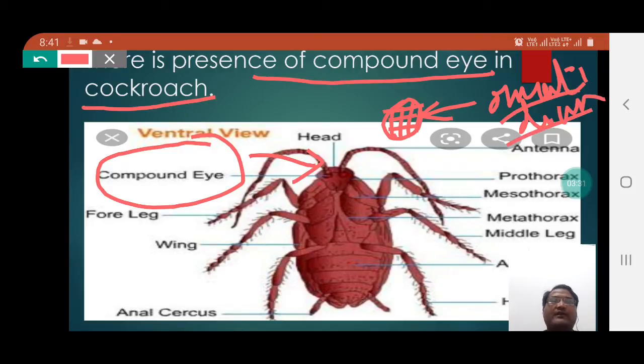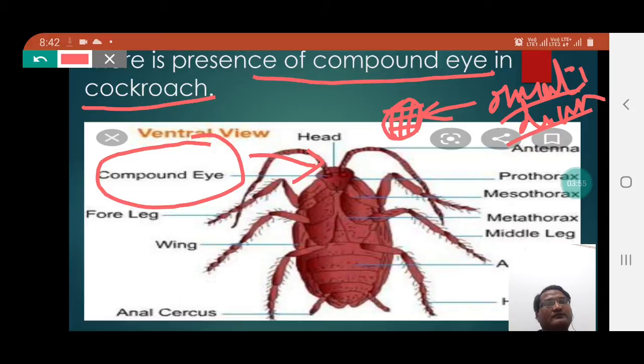And this ommatidium is responsible for the production of multiple vision. And due to the production of multiple vision from the ommatidium, this vision is called mosaic vision.